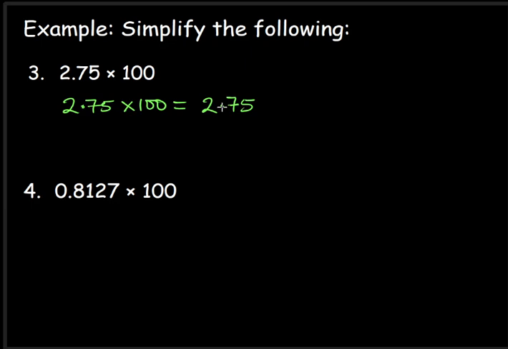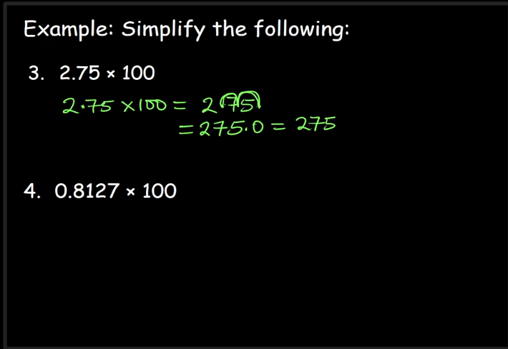So we shift 2 times, 1, 2. So our point is now at the end here. So that means we are having something like 275 point 0, which is the same thing as 275.